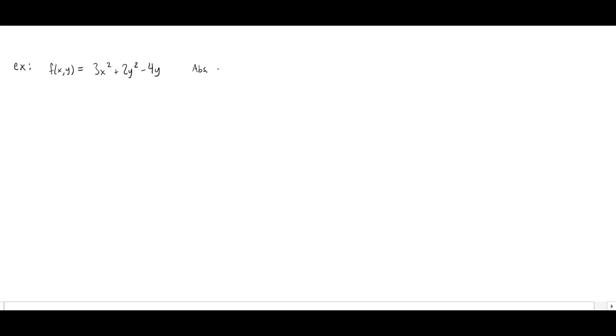I want to find the absolute extrema of this function within the region bounded by y equals x squared and y equals 4, okay?